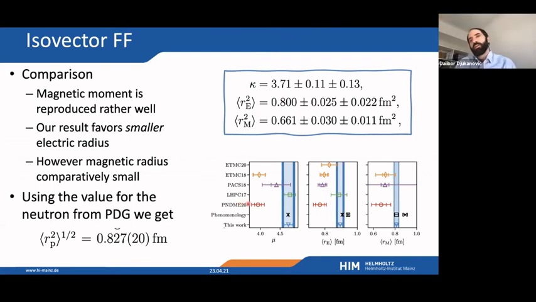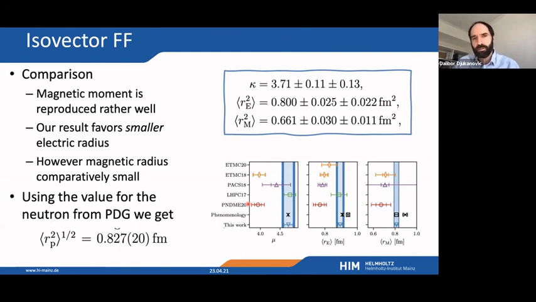Yeah, so there are different actions involved. So it's a different discretization. That's one point. It's also a different way of dealing with excited states, as I've shown you. Some do multi-state fits, some fix the gap. And really, the treatment of the Q-squared dependence is also different.